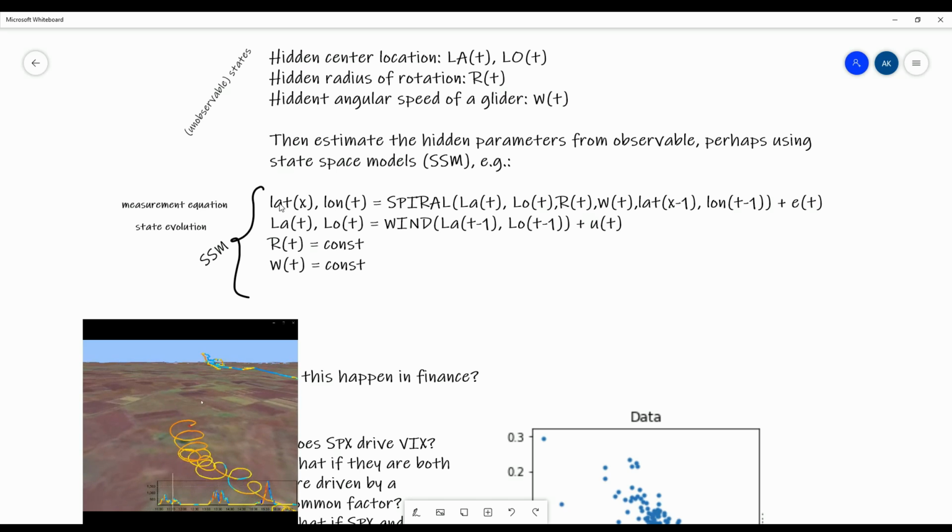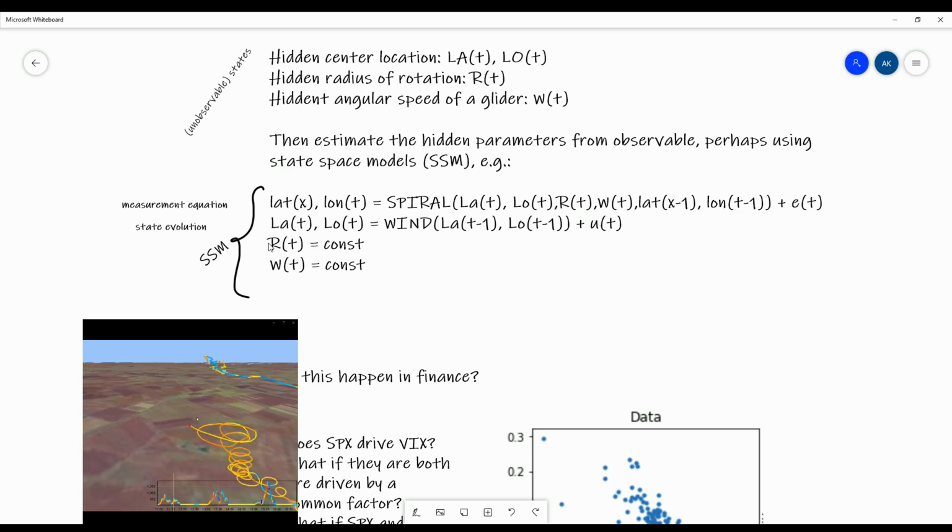We're observing only latitude and longitude. We are not observing the center, radius, or other things. Those would be the state variables, or hidden variables, latent variables, and so on. They have different names. So we will have then equations for state evolution.